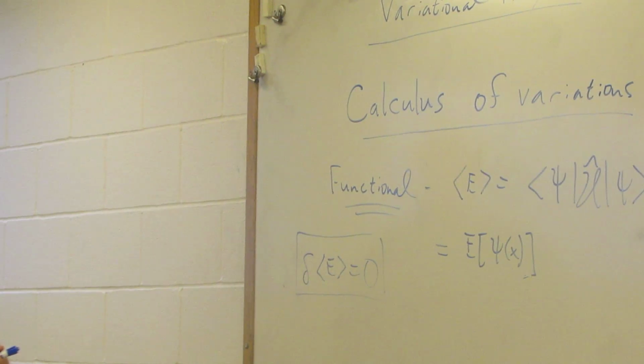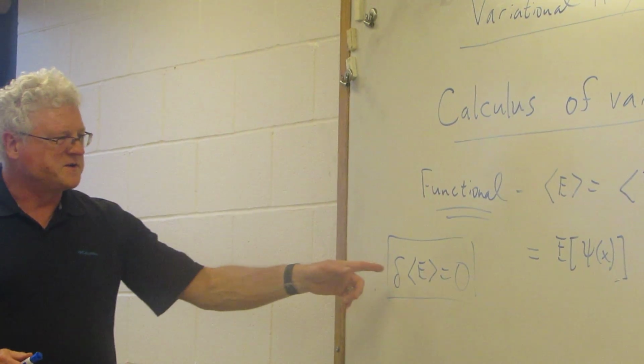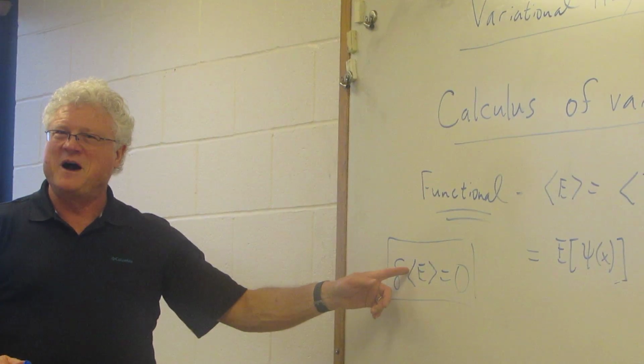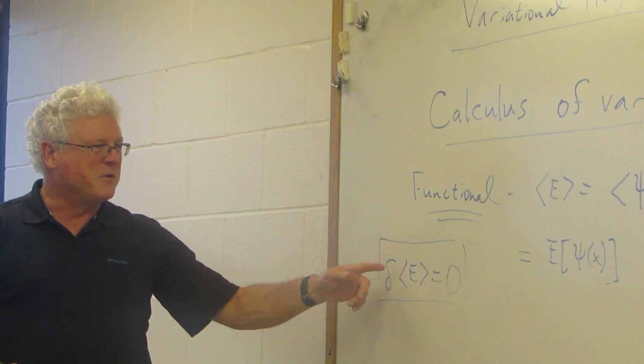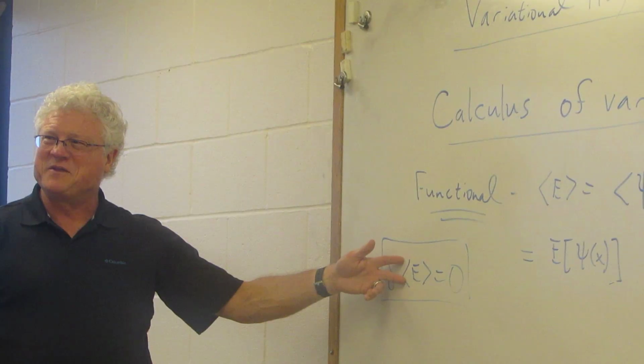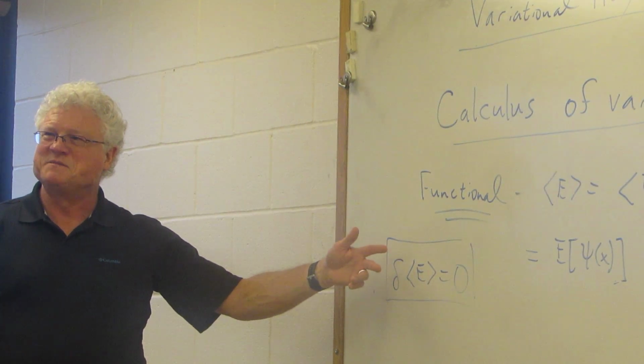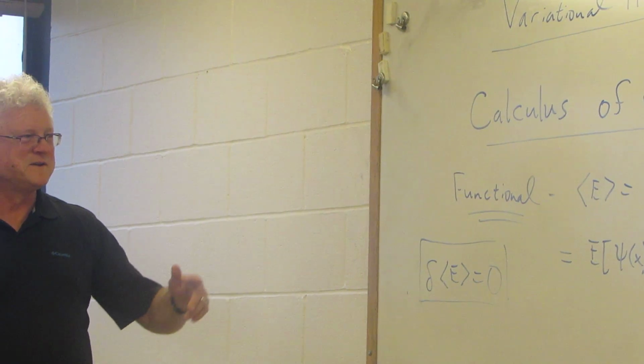Of course, you've got to be careful that you don't know a priori if you're minimizing or maximizing. You want to make sure that whatever you do, you're actually getting the minimum, not the maximum. So it's like a max-min problem in regular calculus.